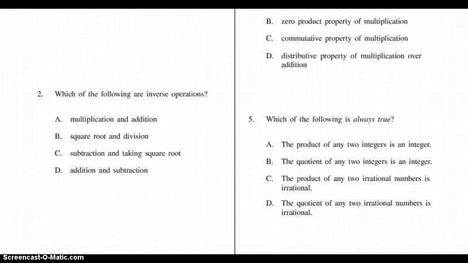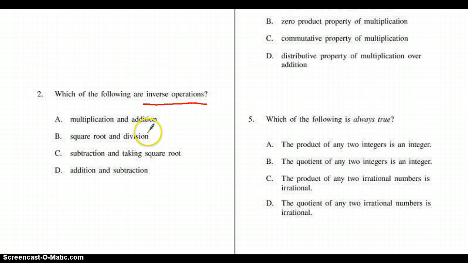Number 2 says, which of the following are inverse operations? Remember, inverse operation means you use the opposite operation to undo a particular operation. So the key word here is inverse. If you look at A, it says multiplication and addition, which is not correct.